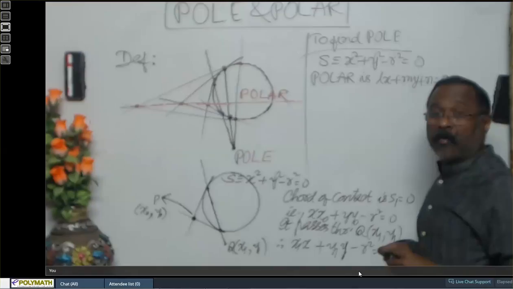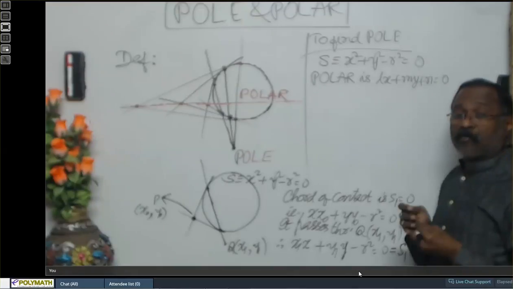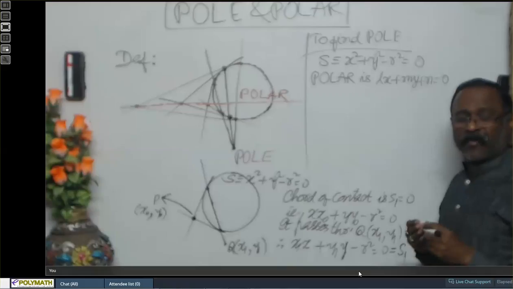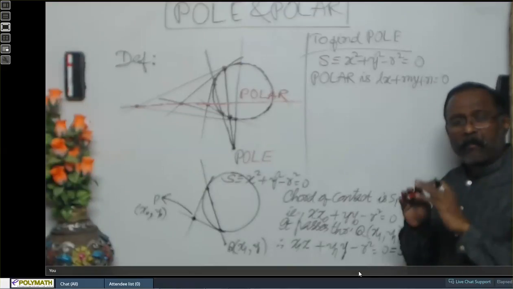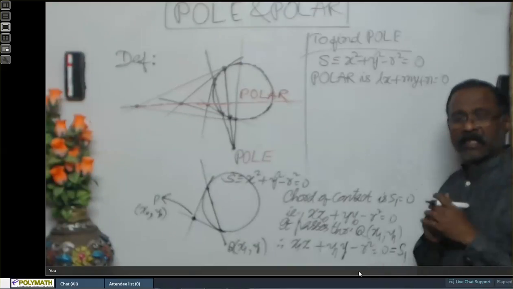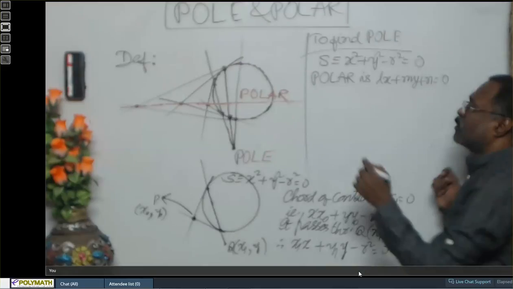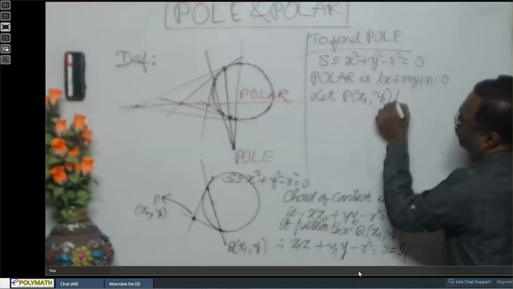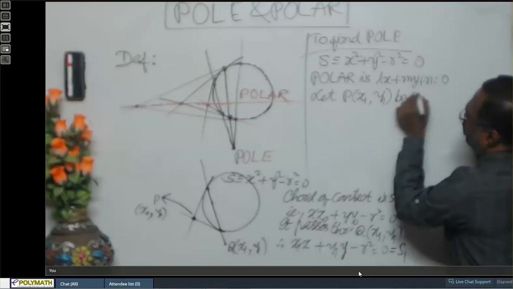Now, what is our interest here? We want to find out the pole of this line Lx plus my plus n equal to 0. What is the method? The method is uniform throughout. Remember that. So, let P (x1, y1) be the pole.